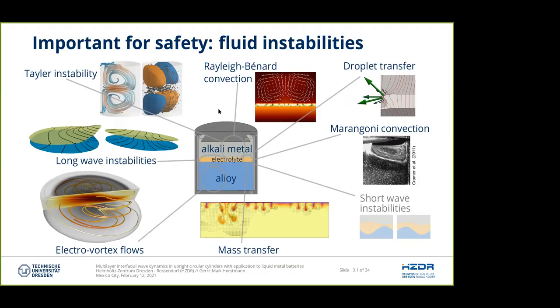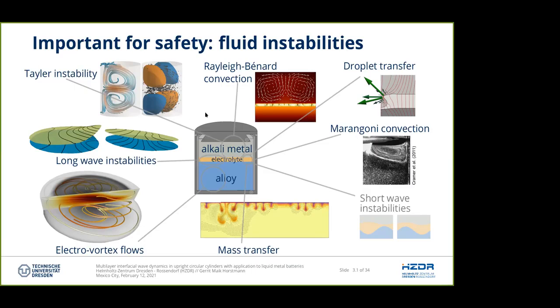We have, for example, classical thermal convection, because we have Joule heating in the electrolyte, which gives us a stable and unstable stratification in the anode and the cathode layer. We have also strong currents and magnetic fields giving rise to electrovortex flows. We have mass transfer problems or the Taylor instability, which is known from astrophysics. So it's a playground for fluid dynamicists.